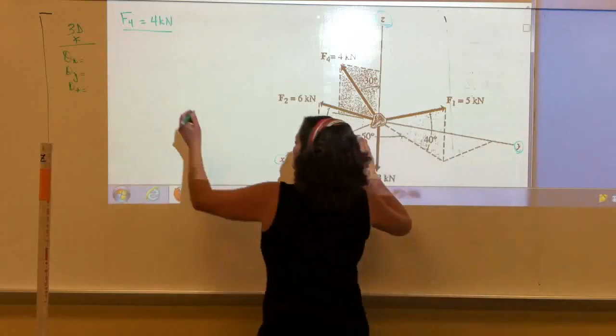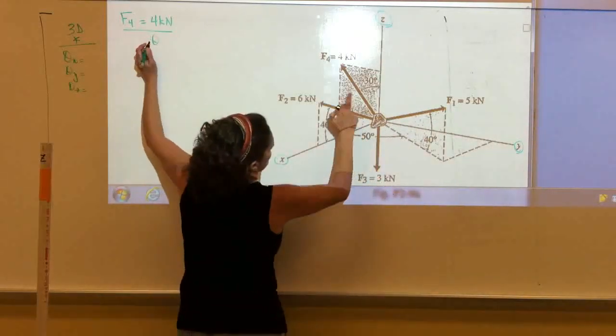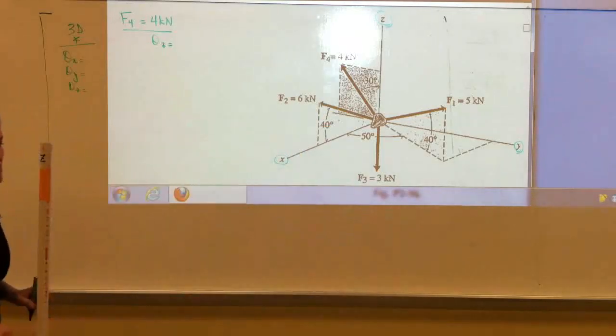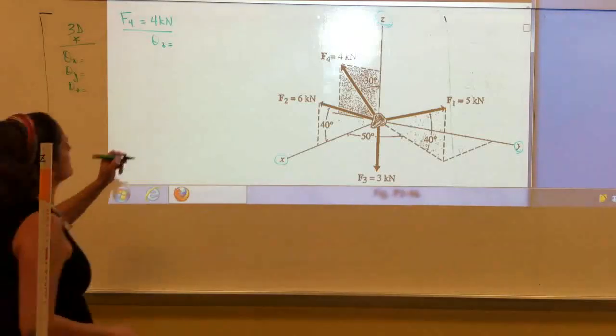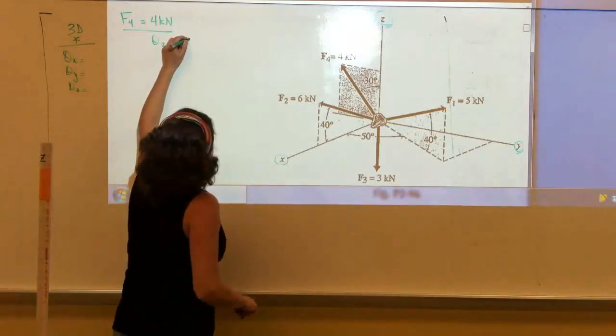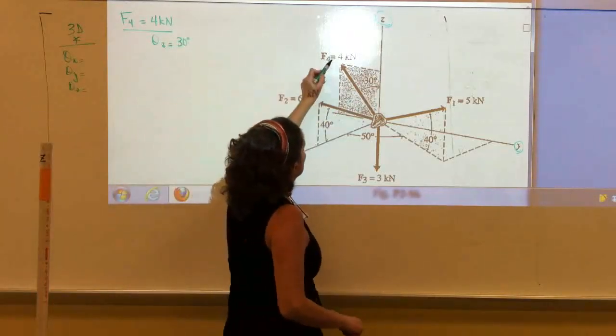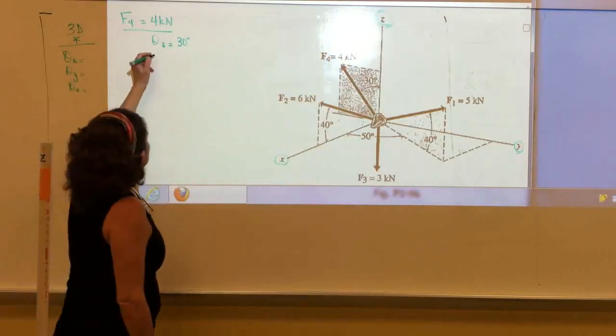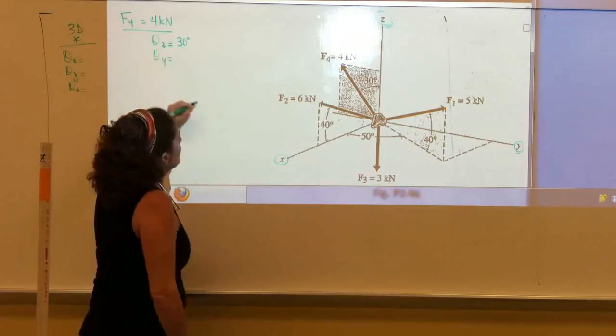Let's look at the angle that's given. What is that 30 degrees there? Is that theta x, theta y, or theta z? It's theta z, because it's the angle between the force in question and the positive z-axis. So what does that mean about theta y?